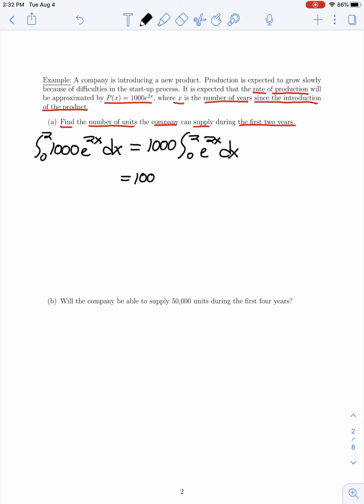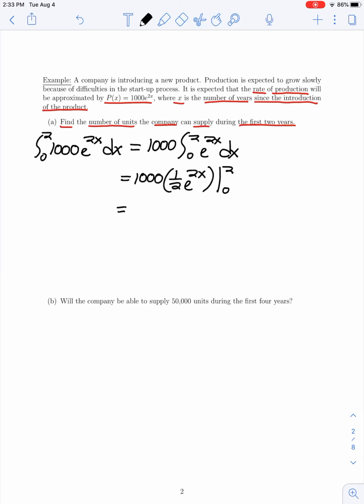So we have our constant 1,000, and the antiderivative of e to the 2x is 1/2 e to the 2x, which we then evaluate from 0 to 2.